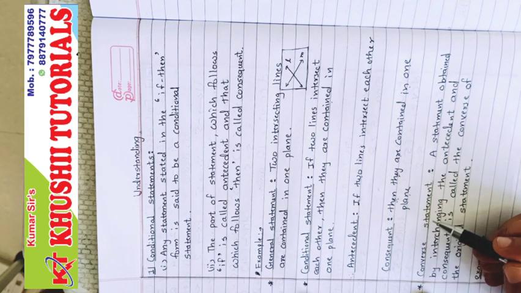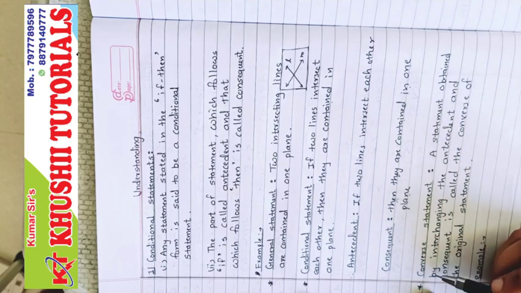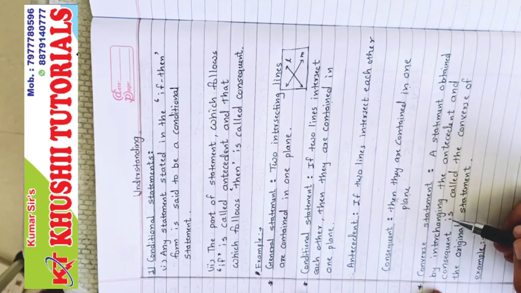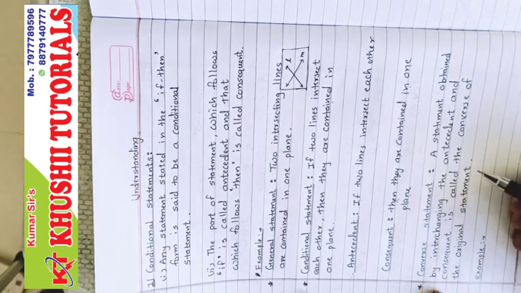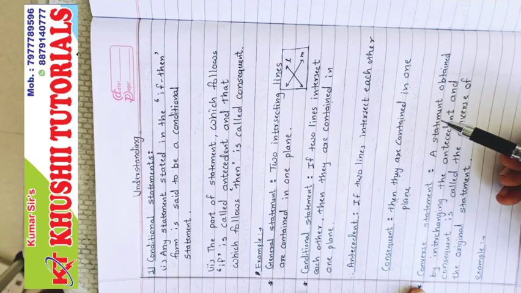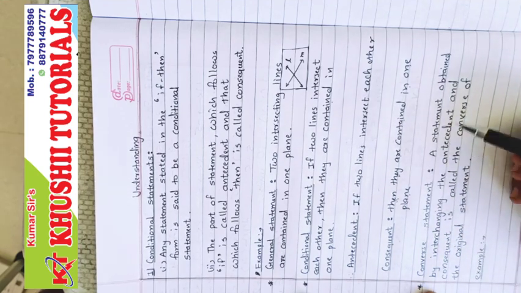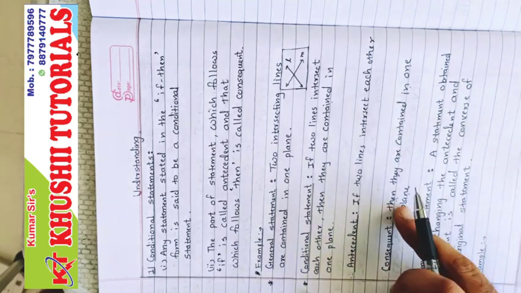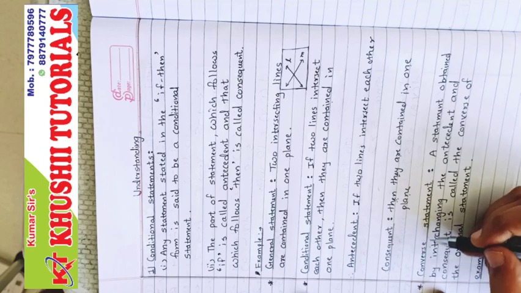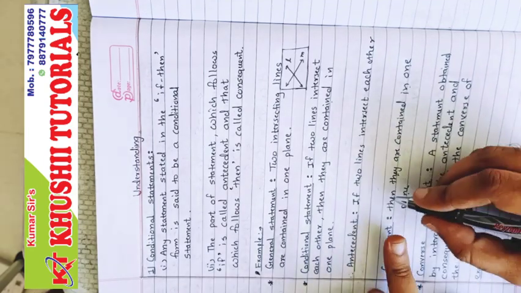Next is the converse statement. A statement obtained by interchanging the antecedent and consequent is called the converse of the original statement. Understood? If and then will be replaced with each other. Example: instead of then, if will come.